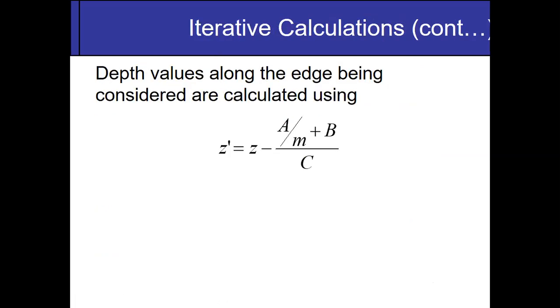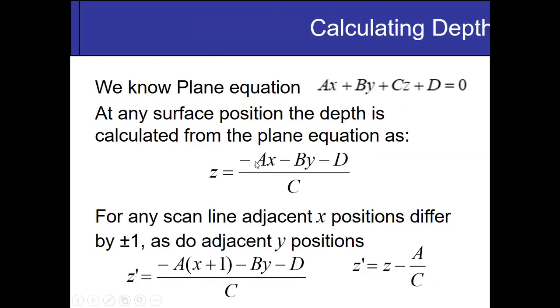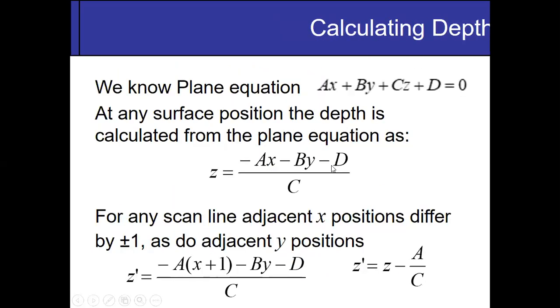Now what you do is write X minus 1 by M wherever you have X in this equation. Minus A into X minus 1 by M, minus BY minus D by C. That becomes your Z.